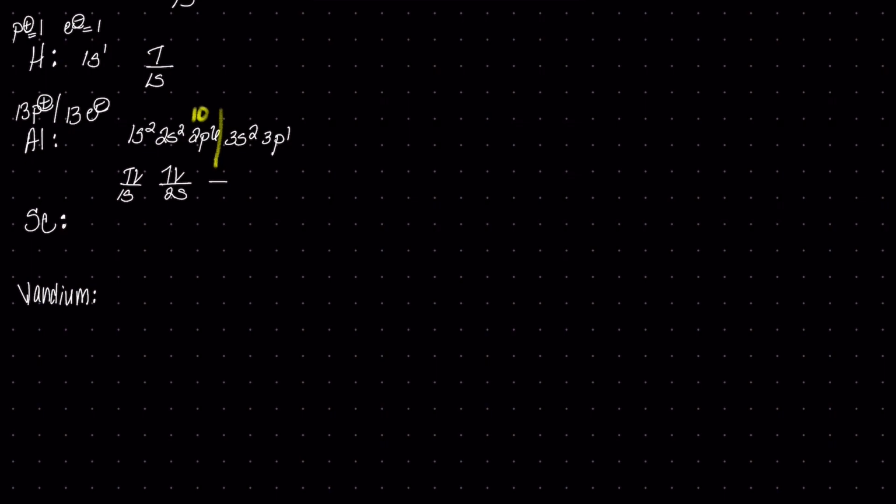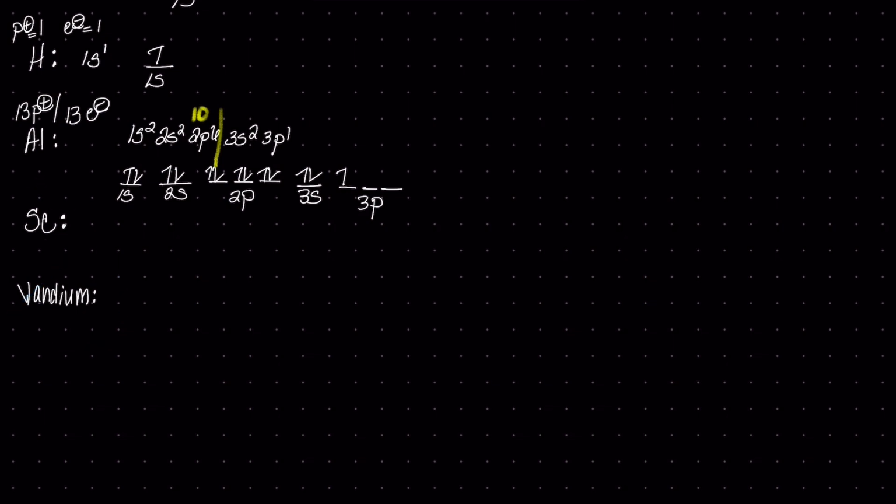My p orbital has 3 rooms, it can hold 6 electrons, so here we go with 2p, 1, 2, 3, 4, 5, 6. Now we're on to 3s, which only has 1 room, so 3s2. Now here we go with 1, 2, 3 again with a 3p, but it's only got 1 electron sitting in it, so there we go.